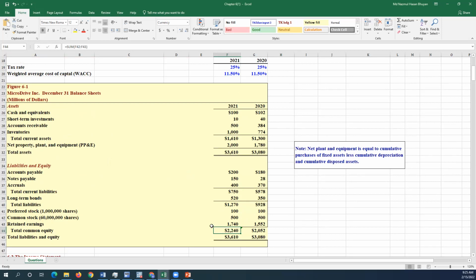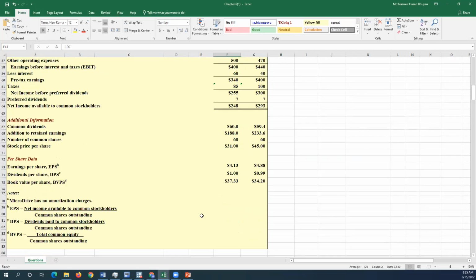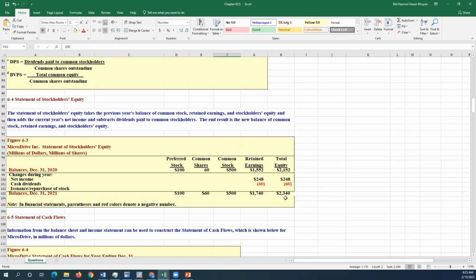On top of this account, we also have 100 from the preferred stock account. So the sum of the preferred stock account and total common equity account gives us total equity equal to 2340. That is exactly what we get as the ending balance of total equity in our statement of shareholders equity. Now, our statement of shareholders equity for the year 2021 is complete.